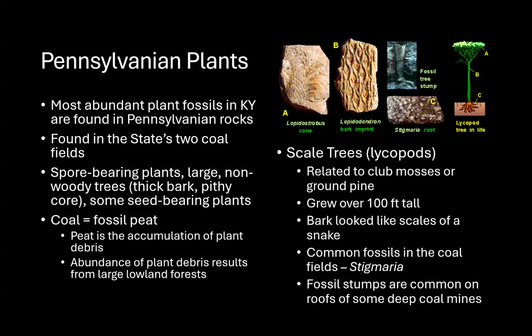So scale trees are one of the first things that we see. Again, a very neat, very unique looking plant. It's hard to even imagine these plants the way they were compared to our modern day forests, because it was just very different visually.